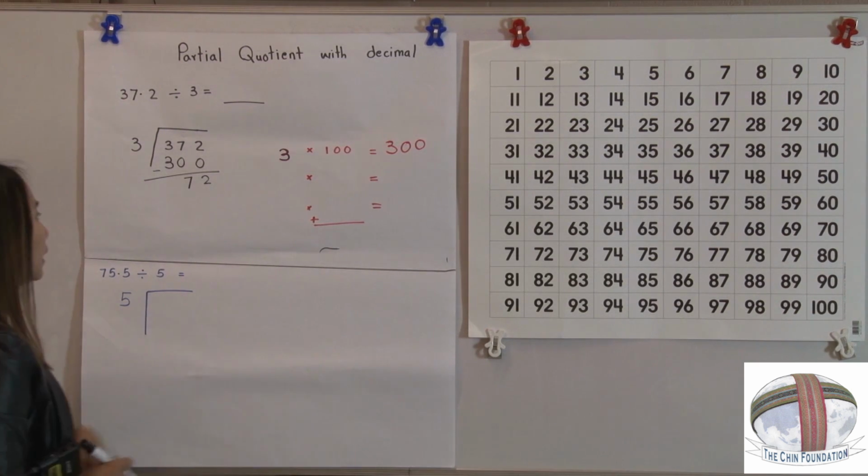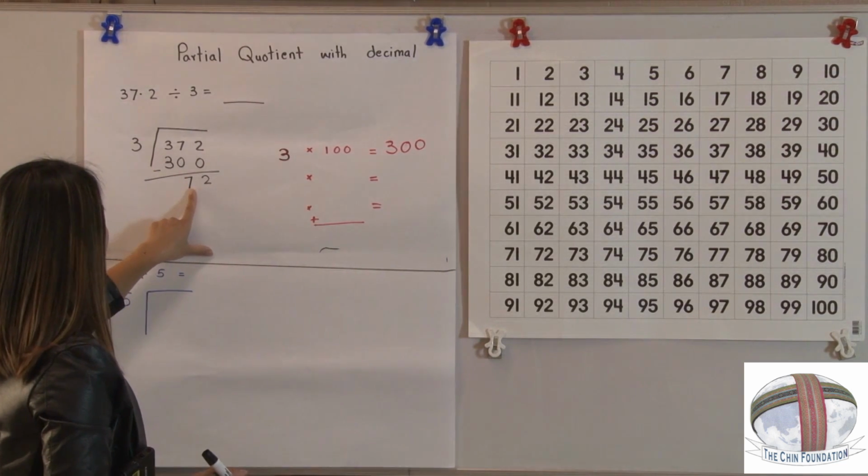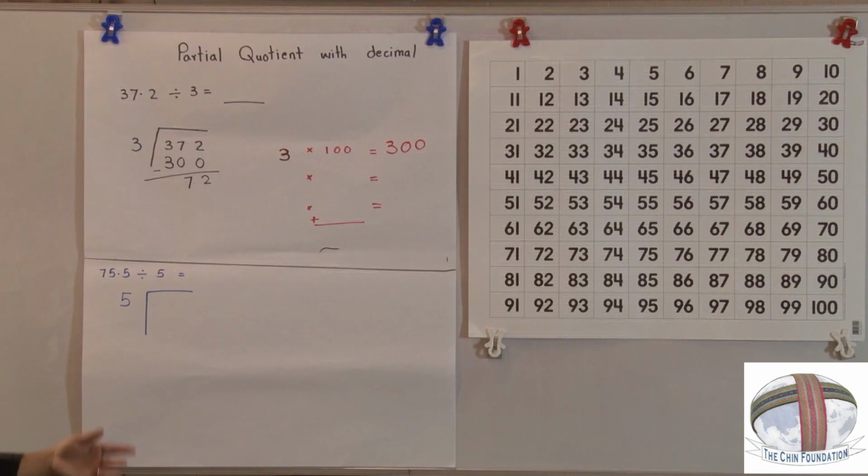Okay, so that is 100 done. Okay. The 2 digits is 72, so it's close to 70. So 3 times 5 is only 15. So that is not close. So I have to think of a bigger number.